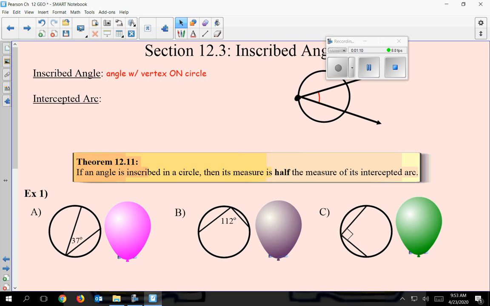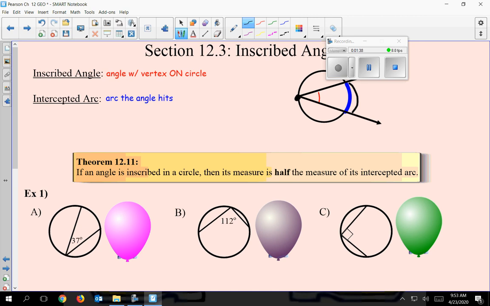Also, when you create that angle, you've created an arc that the angle hits. The two rays that create the angle have now created an arc because it's intercepting the circle, okay? So you have an angle, and that also creates an arc. Remember that an arc is part of the circle, all right?